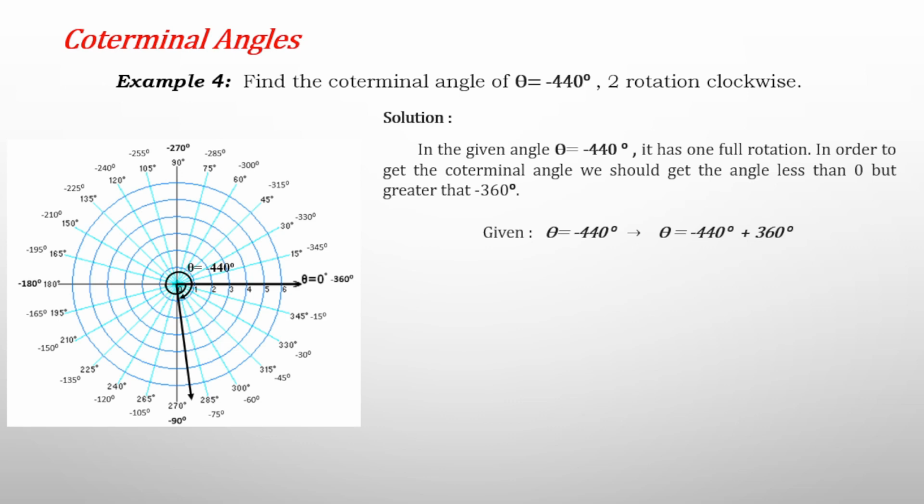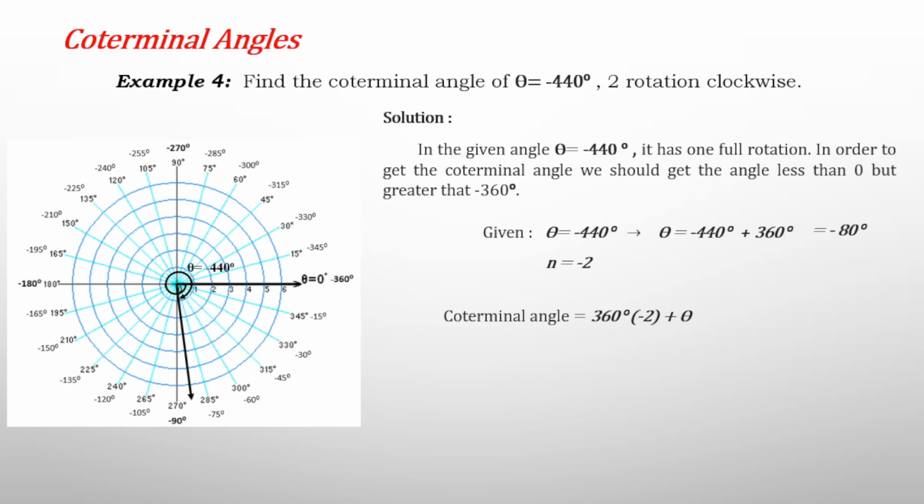So the negative 440 degrees must be added by 360 degrees, and then the angle less than 0 degrees but greater than negative 360 degrees is negative 80 degrees, and our n is negative 2 because we are looking for the coterminal angle with 2 rotations clockwise.